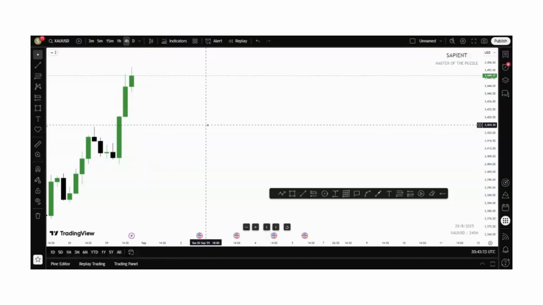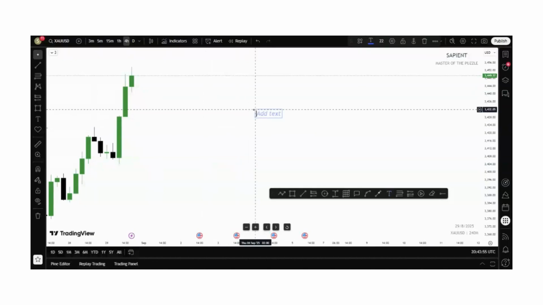There is a labeling to a candlestick. Regardless of whether it is a bullish candle or a bearish candle, it always has a close and an open. Let me write that out: close and open.